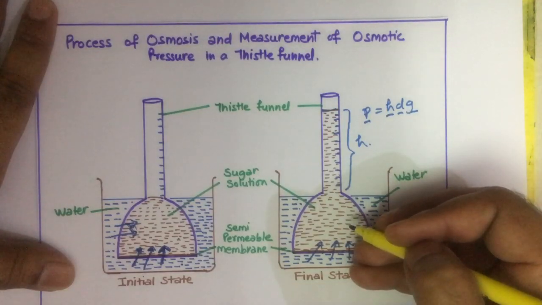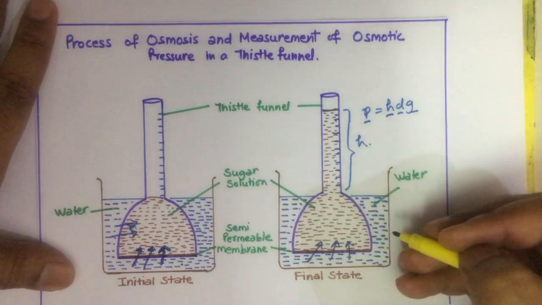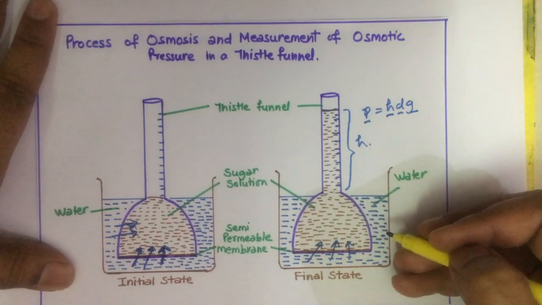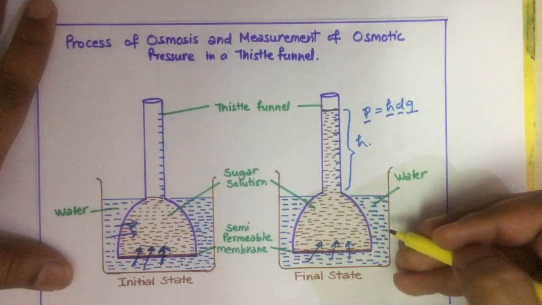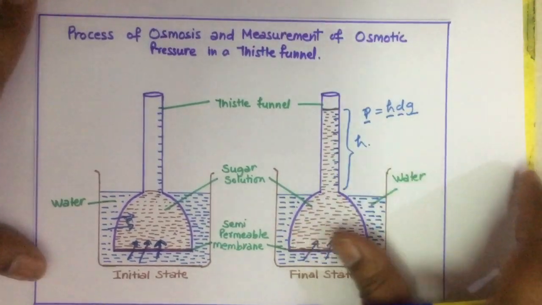So there will be no more osmosis taking place. So the equilibrium hydrostatic pressure on the solution due to osmosis of pure solvent into it is a measure of its osmotic pressure. So I will write down osmotic pressure.